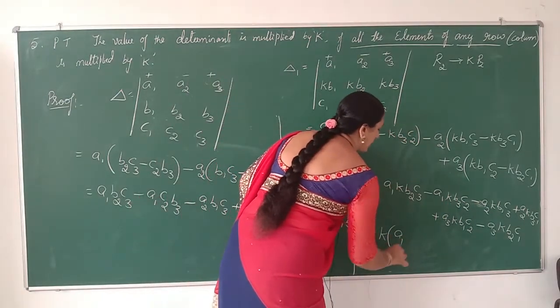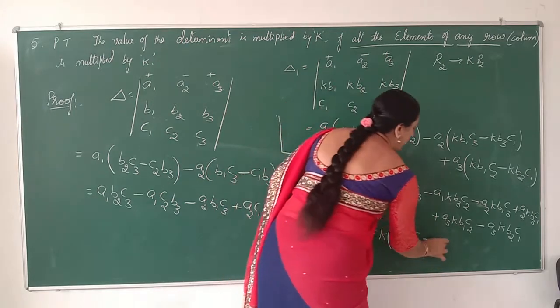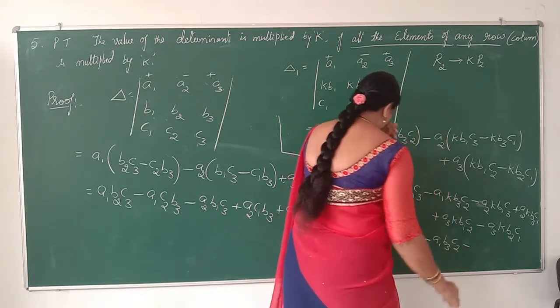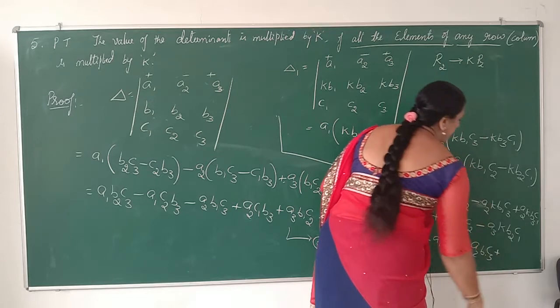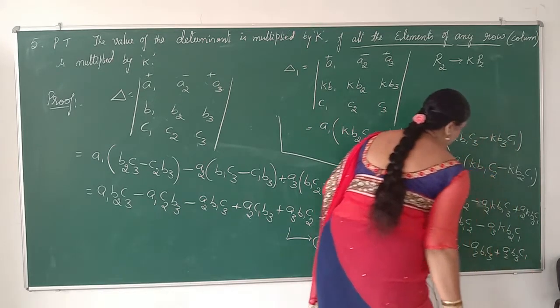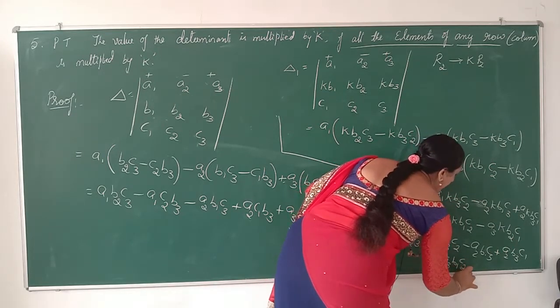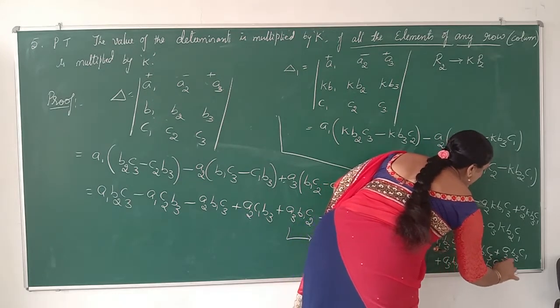K as a common factor. Remaining is nothing but A1 B2 C3 minus A1 B3 C2 minus A2 B1 C3 plus A2 B3 C1 plus A3 B1 C2 minus A3 B2 C1.